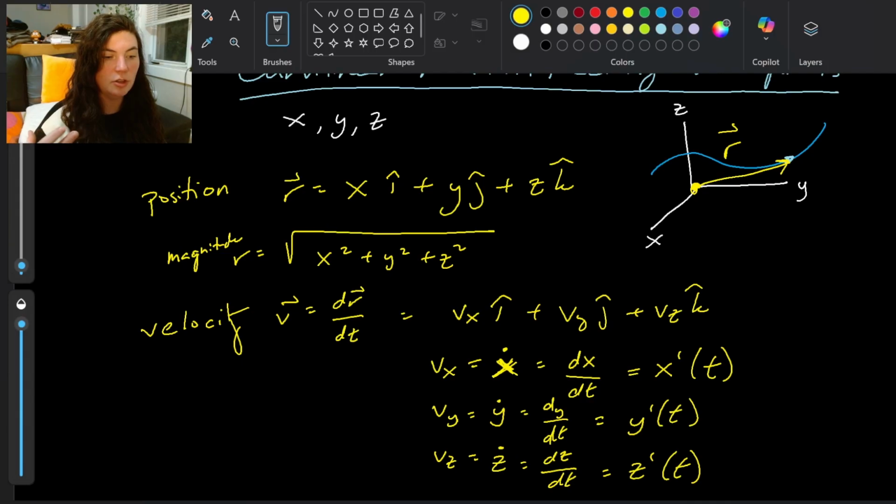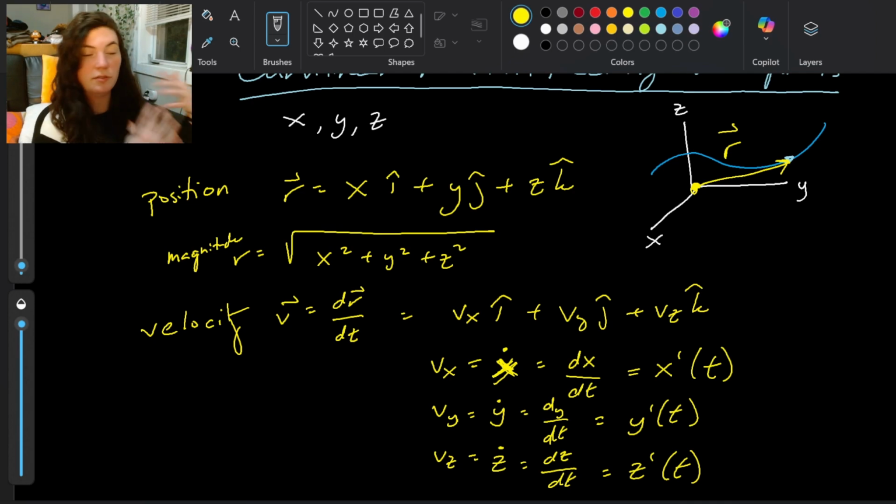So again, the notation is always with respect to time, but you may see it in any of these different forms. The dynamics textbook really likes to use this dot notation. I'm not the biggest fan of it, but I will be using it since that's what our text heavily relies on, and I just want to make sure that we're all aware that you could see any of these forms. They all mean the same thing.